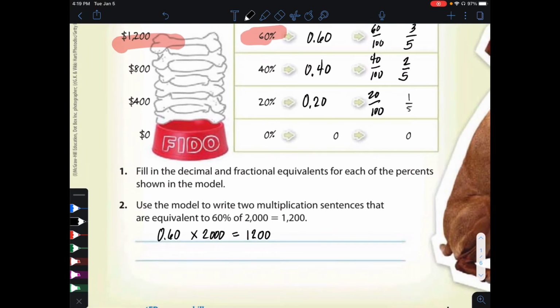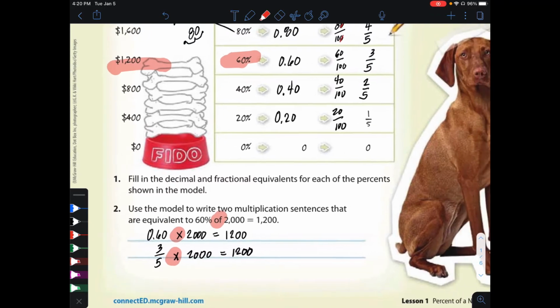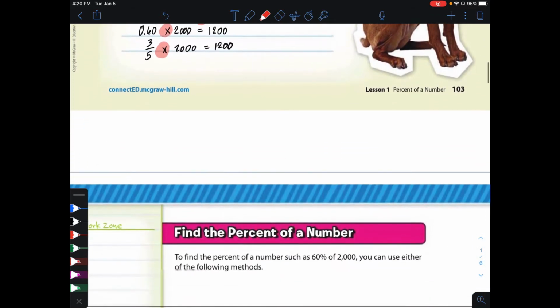So we can also say that 3/5 times 2000 is also 1200. So those are two multiplication sentences that are equivalent to 60% of 2000. Now take note of this. The word of is synonymous to the multiplication sign in our two sentences. So the word of is translated into multiplication. Okay, let's go on to the lesson proper.